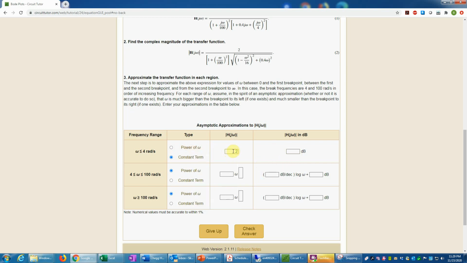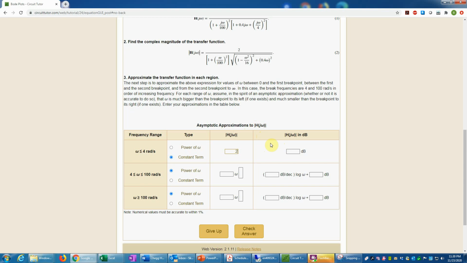Now we also need to convert that 2 to the value in decibels. And in decibels, remember that decibel units, first of all, we're always assuming that this is a voltage or current gain for these transfer functions. That should be assumed throughout this exercise. And remember that the formula for the number of decibels is 20 times the log to the base 10 of the magnitude.